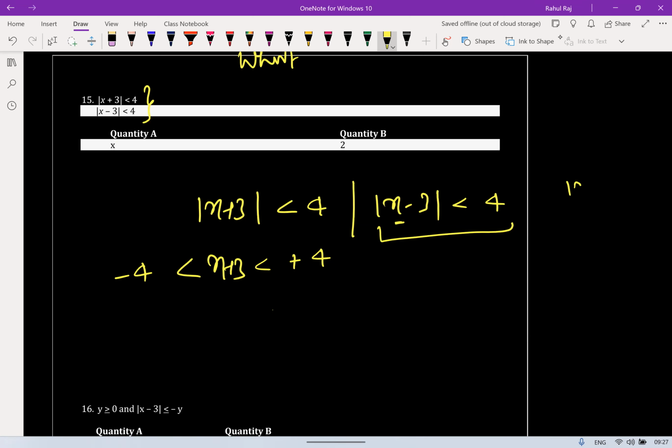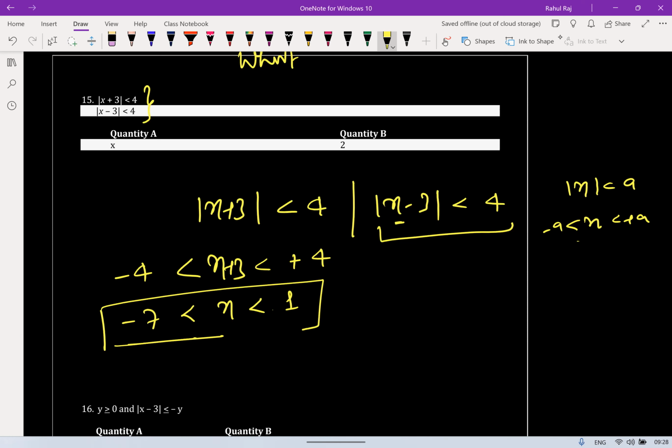Because mod x less than 4 means x lies between negative and positive 4. Now I have to think about x. From the middle, I need to remove 3, so if I add -3 to all the terms, this is -7, and it becomes 1.